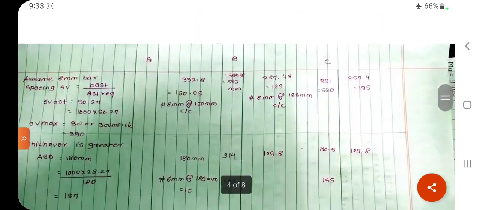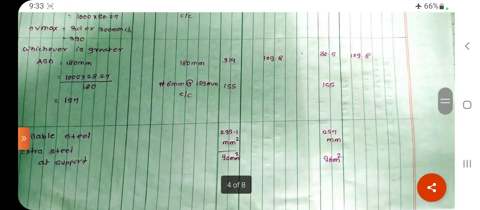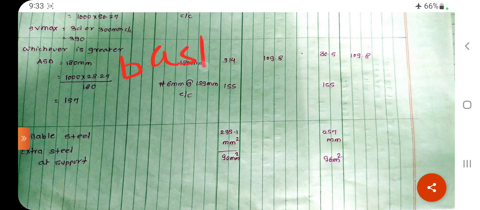But in this case we require the distribution steel, so we may assume an 8 mm bar or a 6 mm bar. So we are assuming a 6 mm bar, and we are calculating the spacing, which is equal to small b into small ast divided by capital AST.